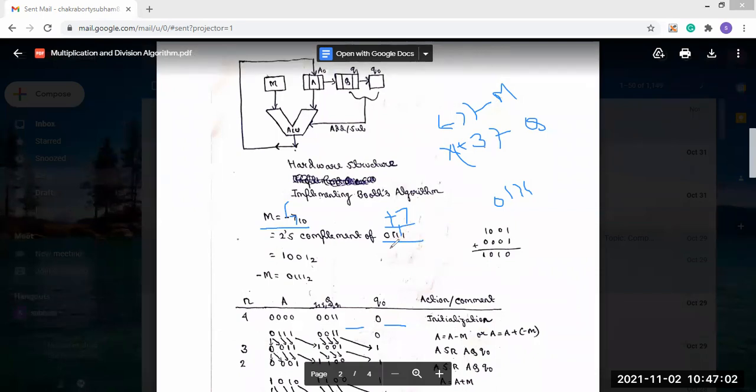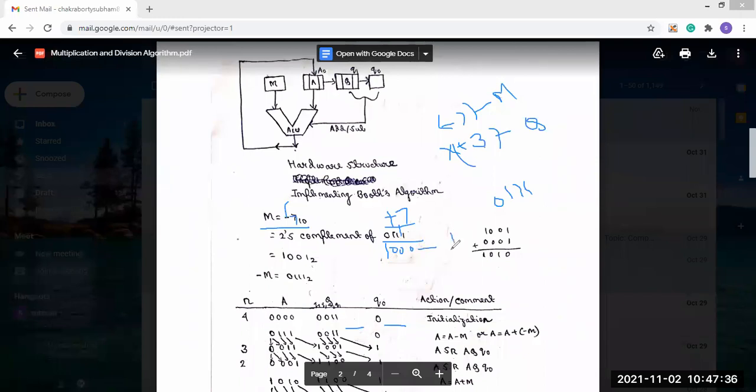If we perform the 2's complement, we first convert it to the 1's complement, and after that we add 1. In the 1's complement, if there is 0 it becomes 1, and if it is 1 it becomes 0.